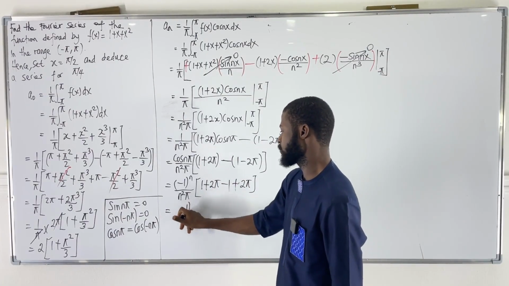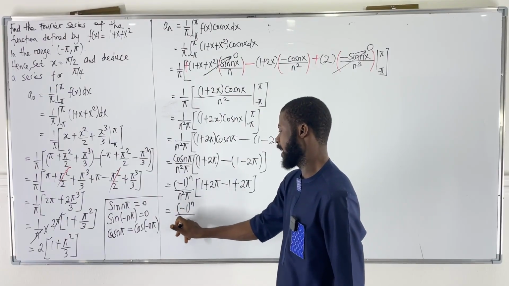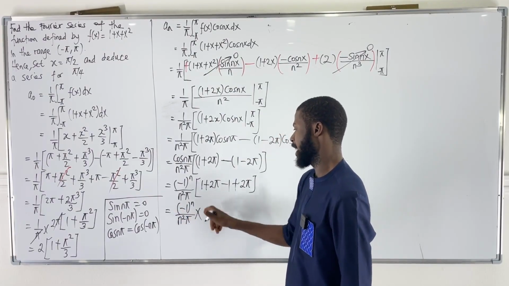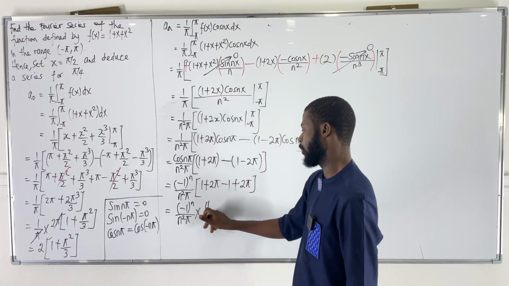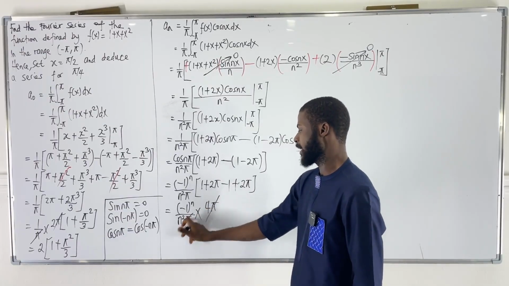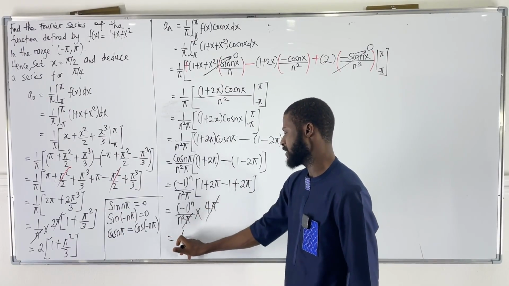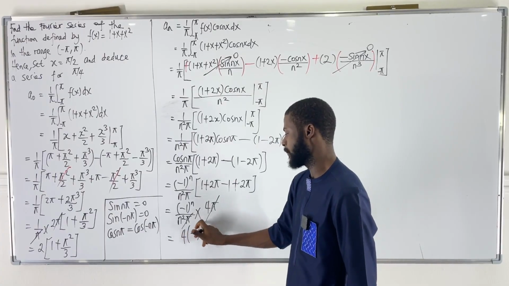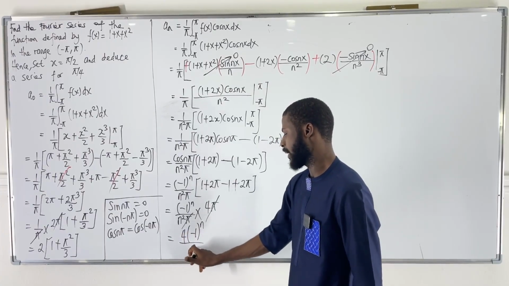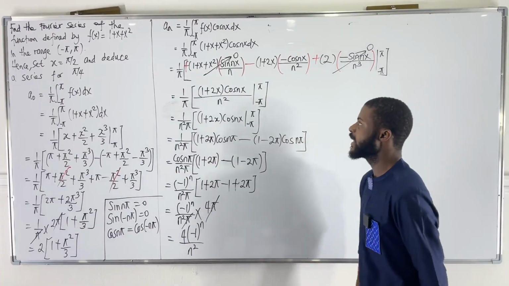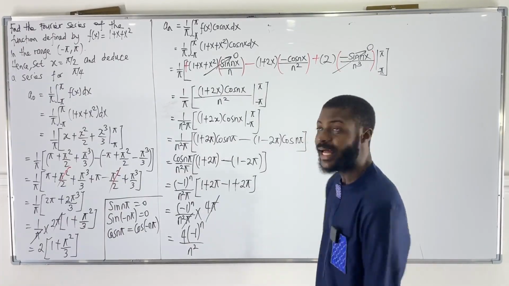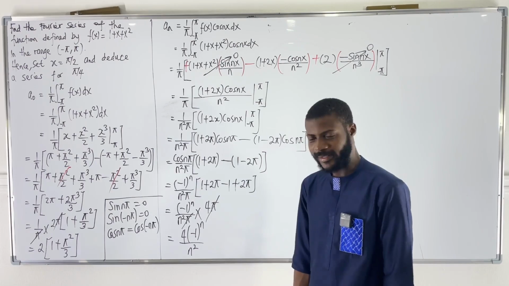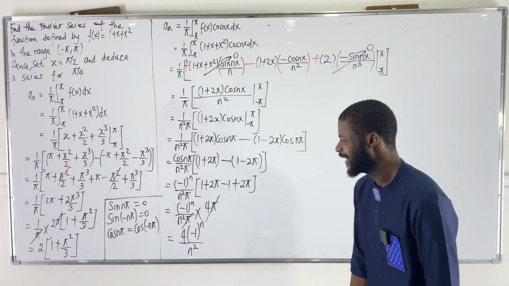So this is minus 1 to the power of n over n squared pi times 2 pi plus 2 pi, which is 4 pi. So when pi cancels out pi, what will be left is 4 into minus 1 to the power of n over n squared. So that's my A sub n. That's a lot.